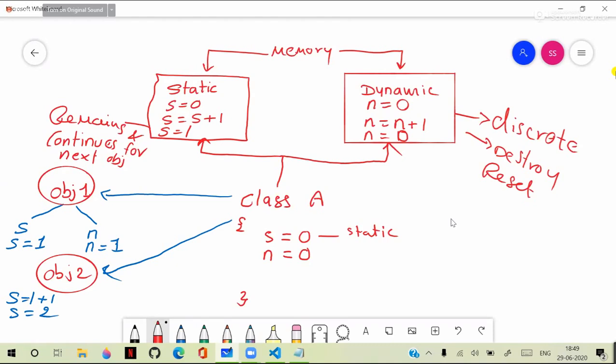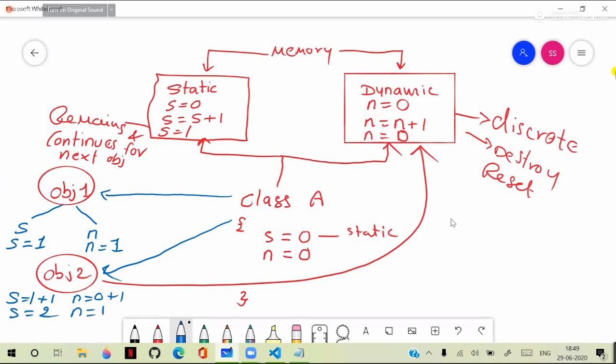Now for the second object, what will the N value be? For the second object, the N value is again 0 plus 1. That means N is always 1. So static is continuous memory and non-static is discrete memory.